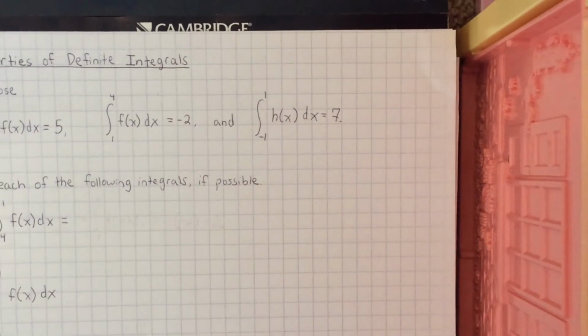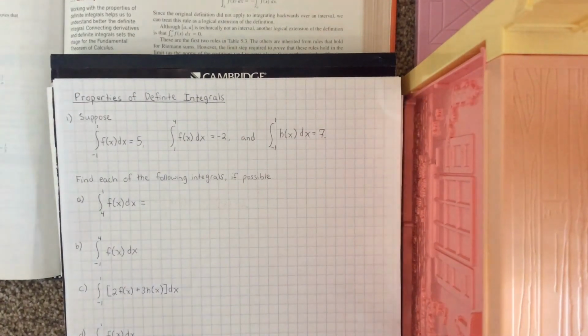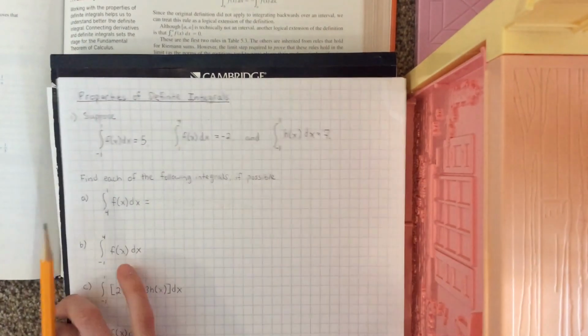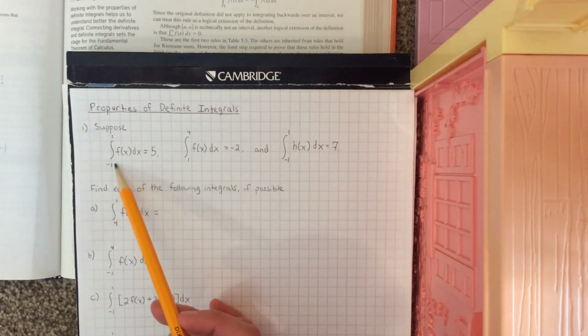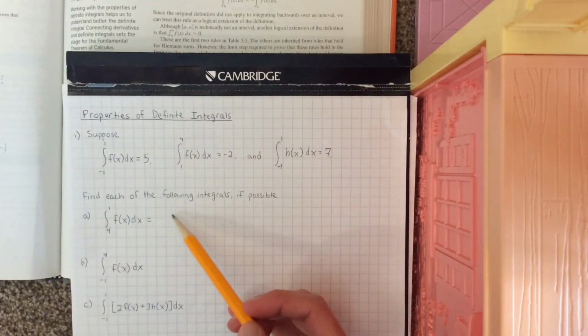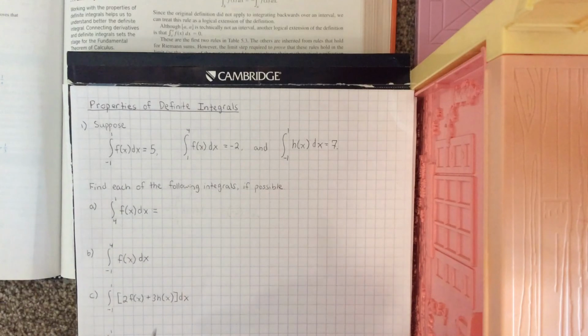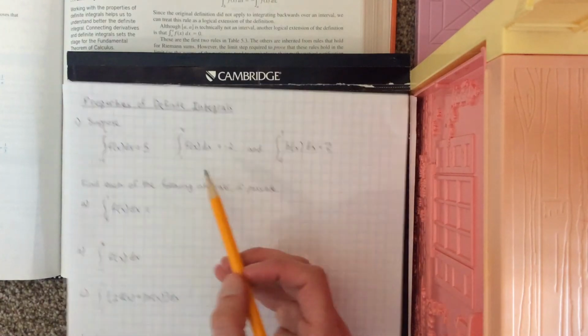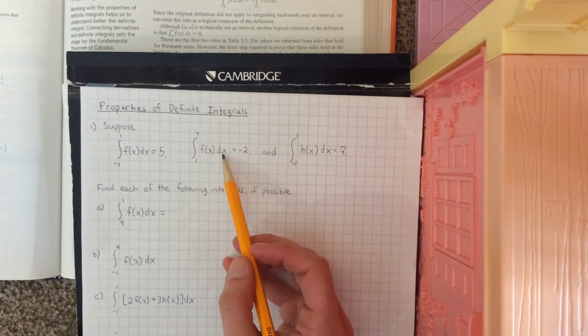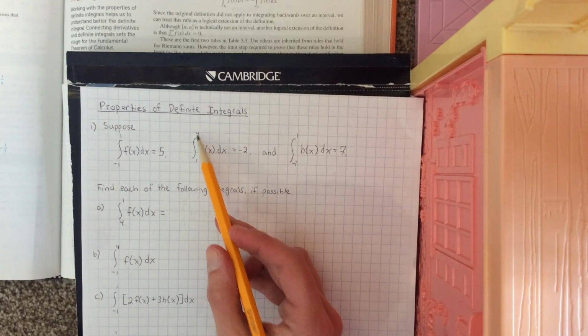So if we're given 3 different integrals right here, we can figure out different things based on our integral rules and based on the given. So our first one, we want to find the integral of f of x dx from 4 to 1. If we look at what we're given, the integral of f of x dx from 1 to 4.